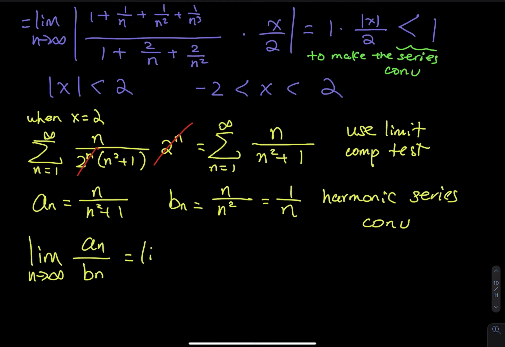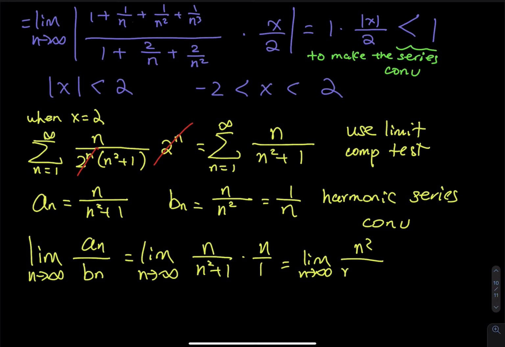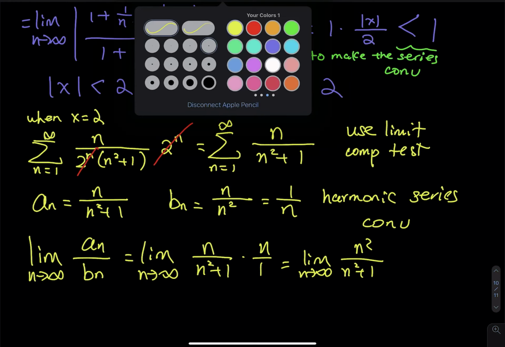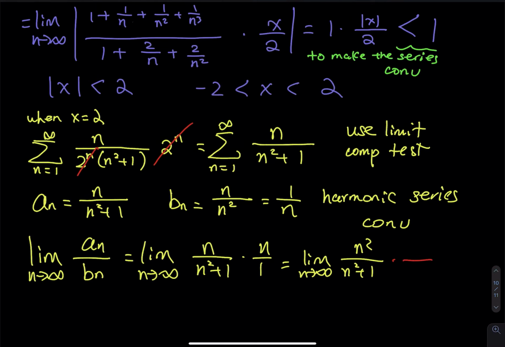You have the limit as n approaches infinity of n divided by n squared plus 1, and then 1 divided by n is n divided by 1. So you have the limit of n squared divided by n squared plus 1, and you do the same trick. The highest degree is 2, so you divide each term by n squared.